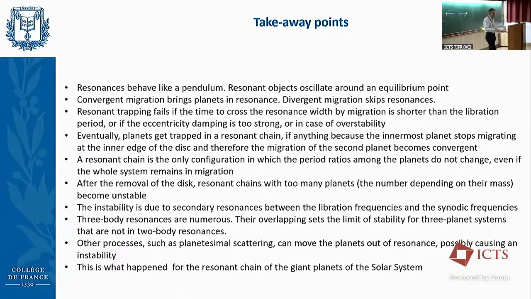And the only way is to stop the simulation. So yes, you could have a non-resonant system if the disk suddenly disappears in the middle of the action. But because migration is so quick, you saw yesterday a time scale of order 100,000 years, and this is 5 million years, this is a rather unsatisfactory explanation for the absence of resonance. So it's more likely a resonance chain formed.